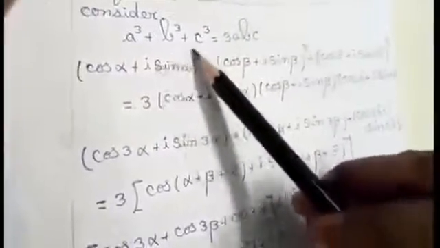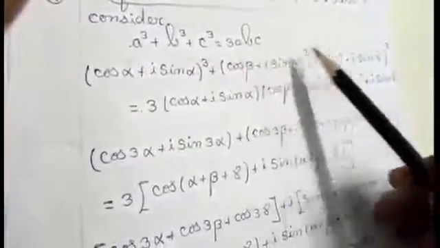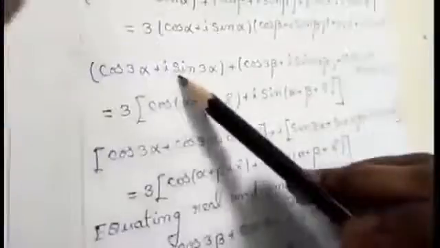I am just going to multiply this power with alpha. Similarly, I am going to multiply this power with beta and gamma. See the next step: I have done it like this, that is cos 3 alpha plus i sin 3 alpha plus cos 3 beta plus i sin 3 beta plus cos 3 gamma plus i sin 3 gamma equal to, the left hand side I have completed like this.